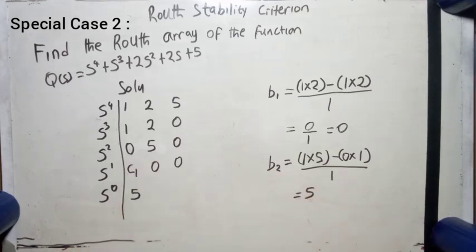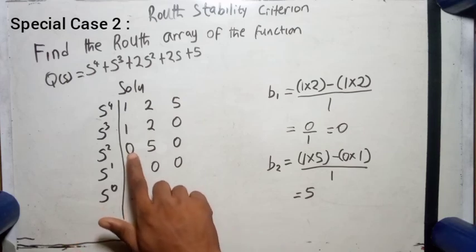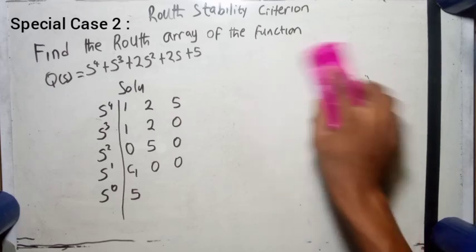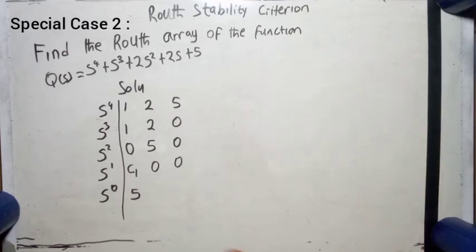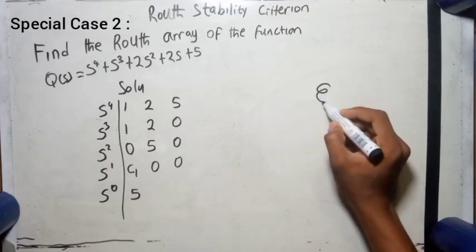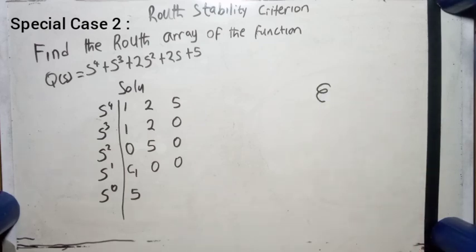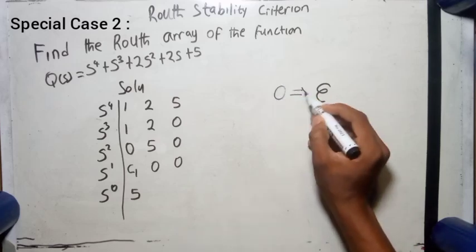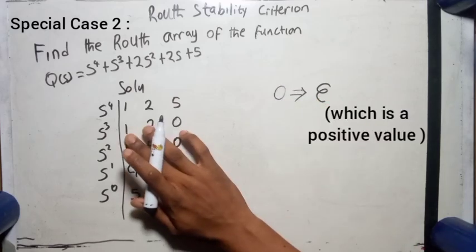This 0 will create a problem for us. So we won't be writing 0. How we solve this is we won't write 0. Instead we replace 0 with this.